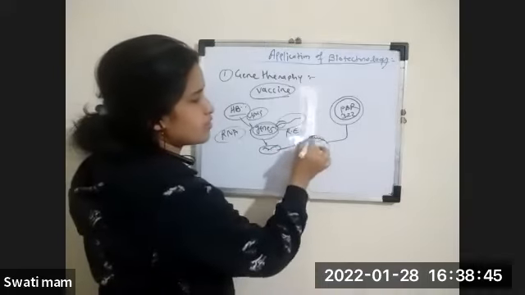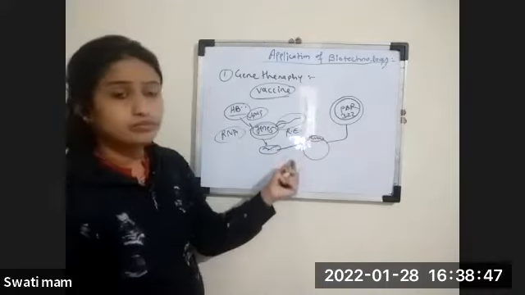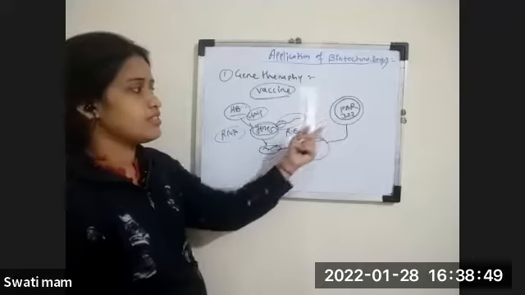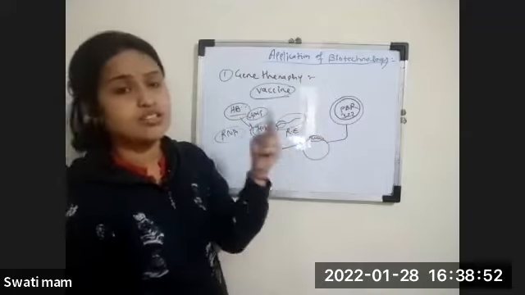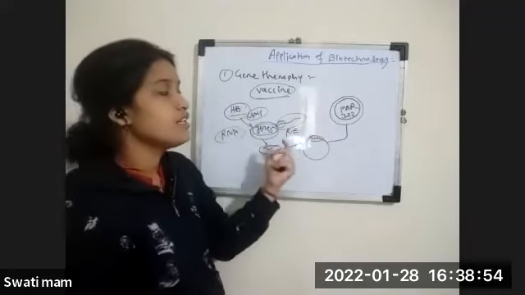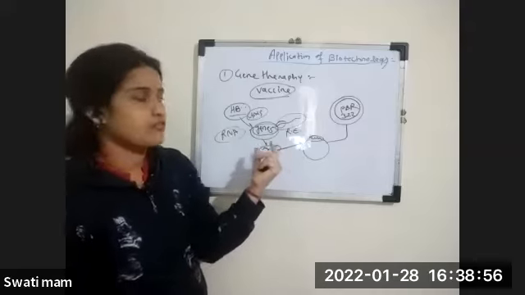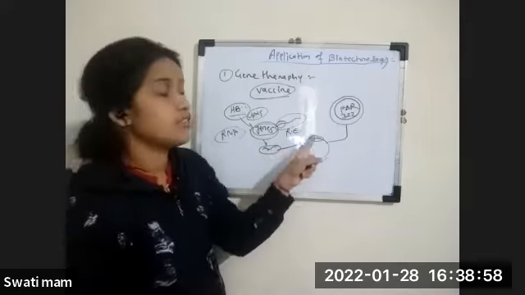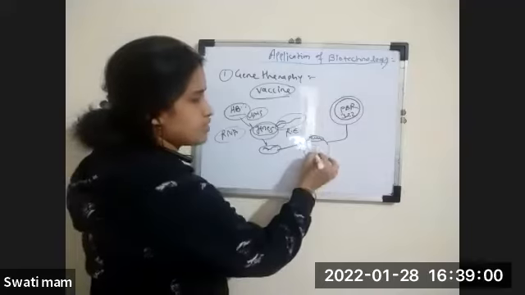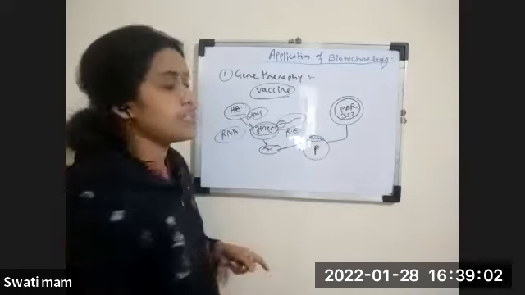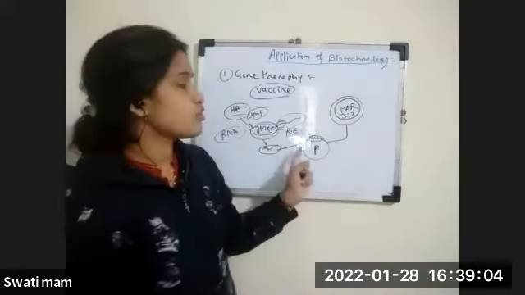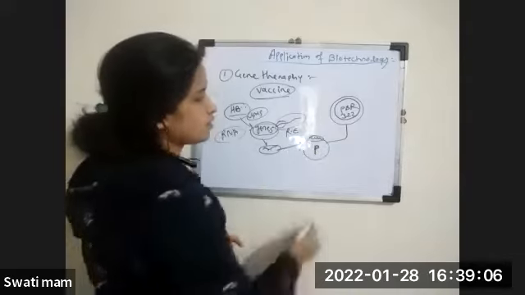That is nothing but the process or steps of rDNA technology, that is the insertion of the fragment from the donor cell into the plasmid vector. See, I am denoting only P, that is nothing but the plasmid vector. So what happened after?